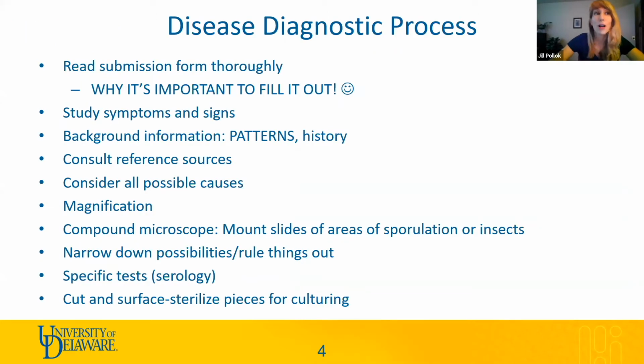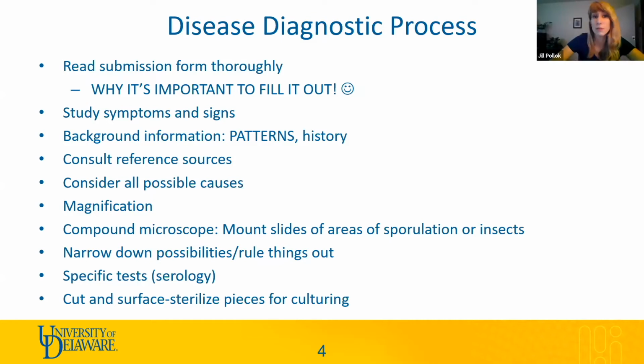The process of diagnostics, what I do when I get in a sample: the first thing I do is read the submission form thoroughly, and kind of tongue-in-cheek here, that's why it's important to fill it out. But I really do read it, and it helps me figure out a lot of times if there are any abiotic factors going on, along with any disease issues.